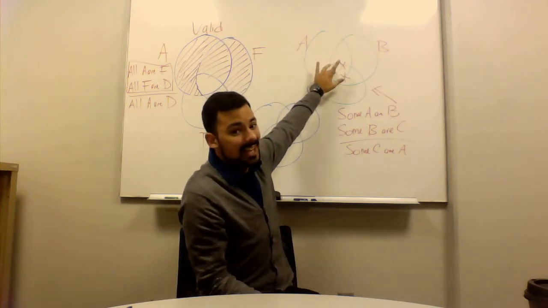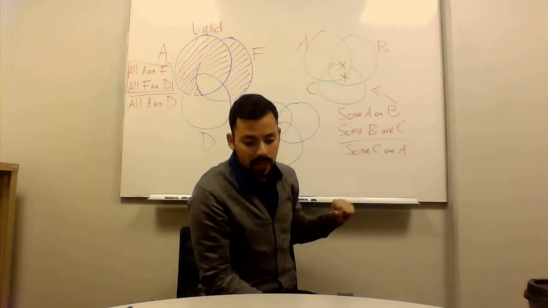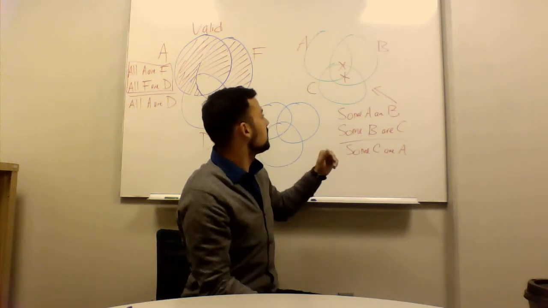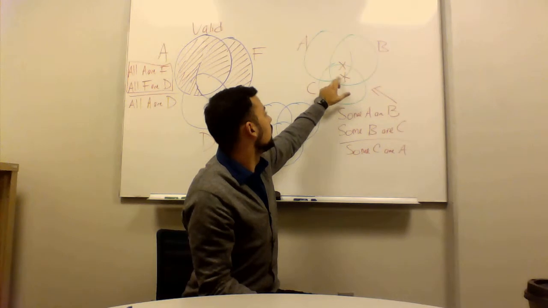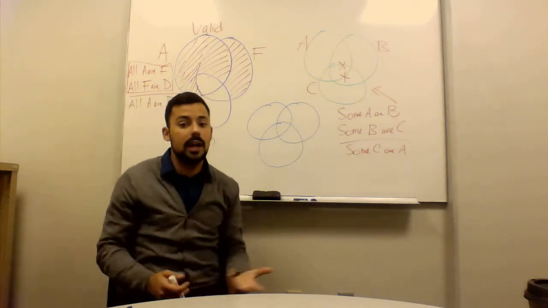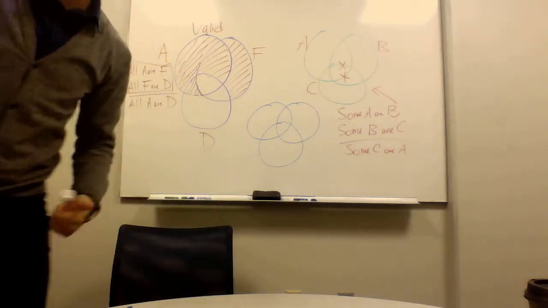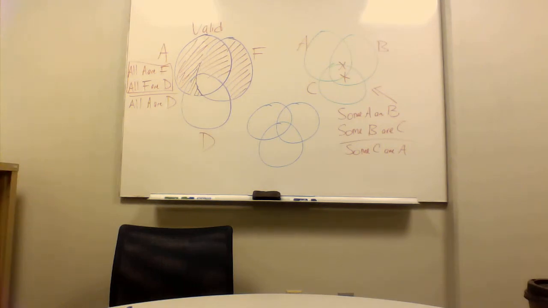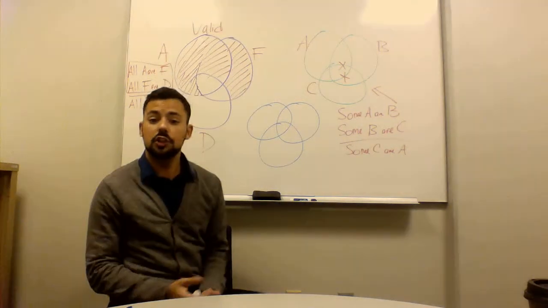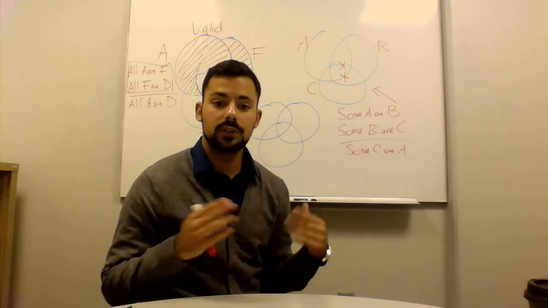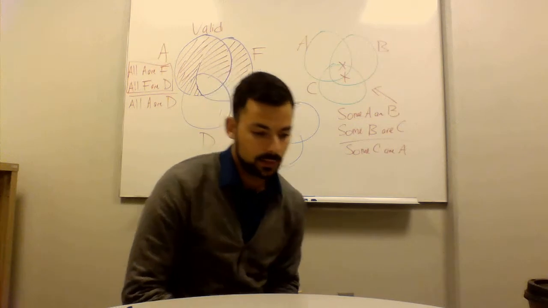It's not necessarily the case that it is there. Likewise, with the some B that are C, it may not be the case that it's in this central area either. So we don't want to go ahead and say it because we're saying that the conclusion is necessarily true, because we're not necessarily sure in this case where those A's and B's are, so to speak.